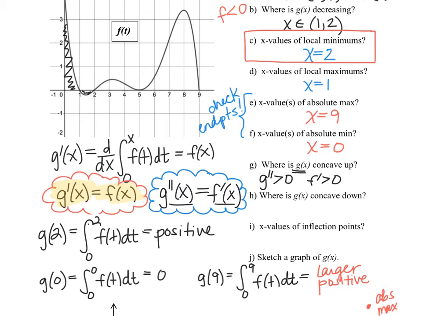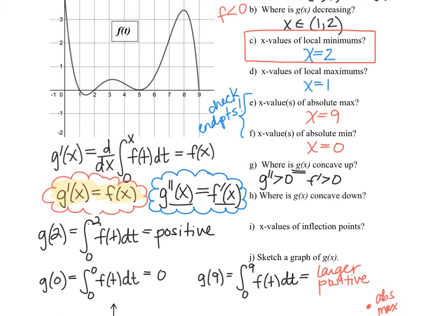Where is f prime positive? And the graph that we're looking at is the graph of f. So I'm being asked to analyze where the slope of this curve is positive. Now we're not looking at the area under this curve, we're actually looking at the slope of the curve f. So where do we have a positive slope?